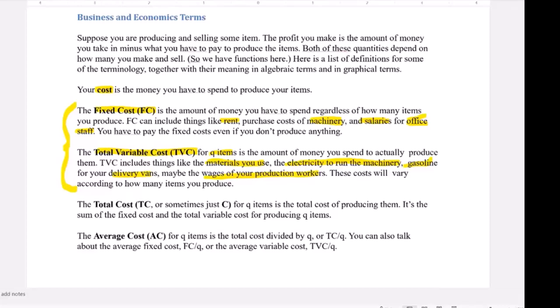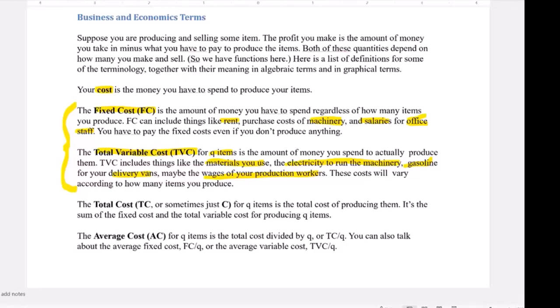These costs vary depending on how many items you produce. If you produce one item, you need one guy to do it. If you produce 1 million items, you just can't hire one person. You have to hire many people. So that's why it's considered variable.